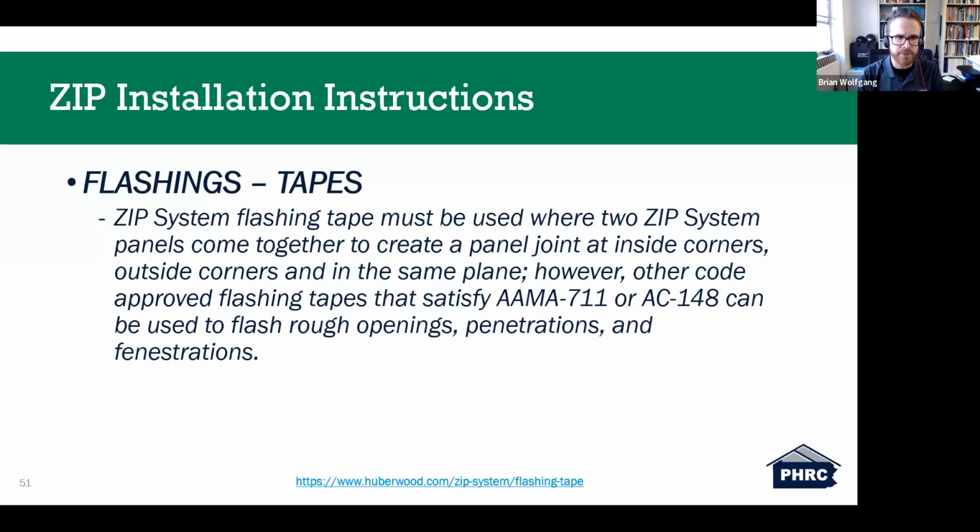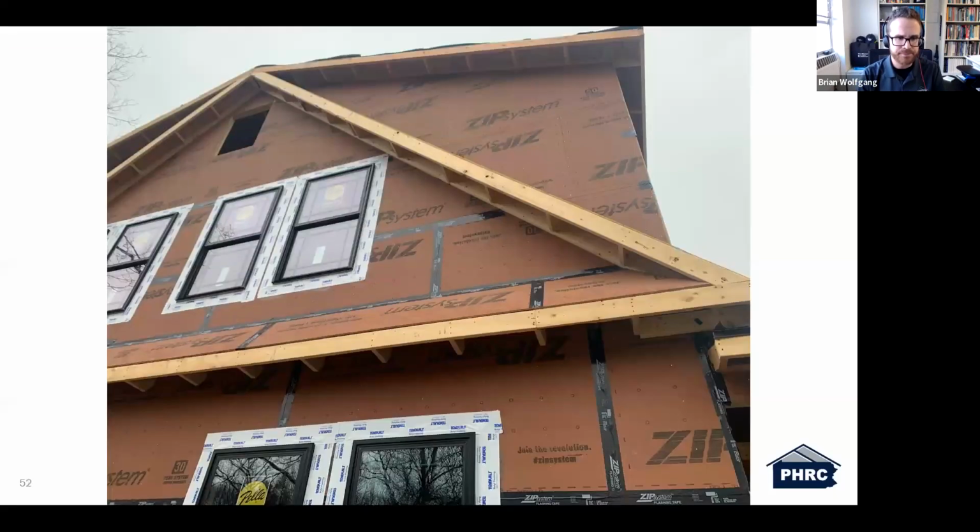So again, there is a little bit of flexibility there in this specific instance. It's possible that you may see ZIP being installed with tapes that are not manufactured by Huber. And again, you have to go to the manufacturer to understand what is allowable per their installation guidelines.